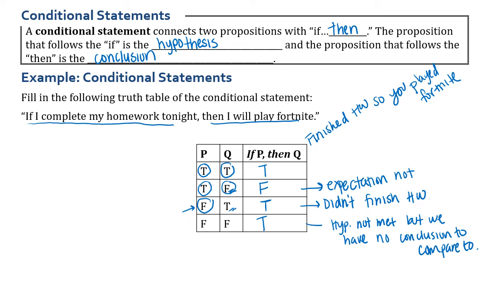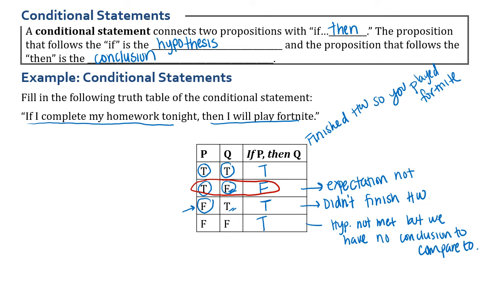So again, for if and then, the only time it's going to be false is if you did the condition. I completed my homework, and I don't get to do the conclusion. I wasn't allowed to play Fortnite. So if P then Q is true if you've completed your homework and you get to play Fortnite, or if you don't complete your homework and you either get to or don't get to.